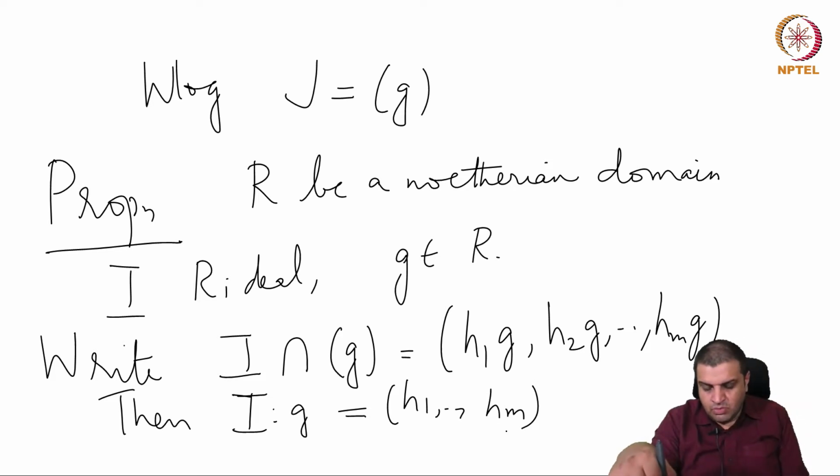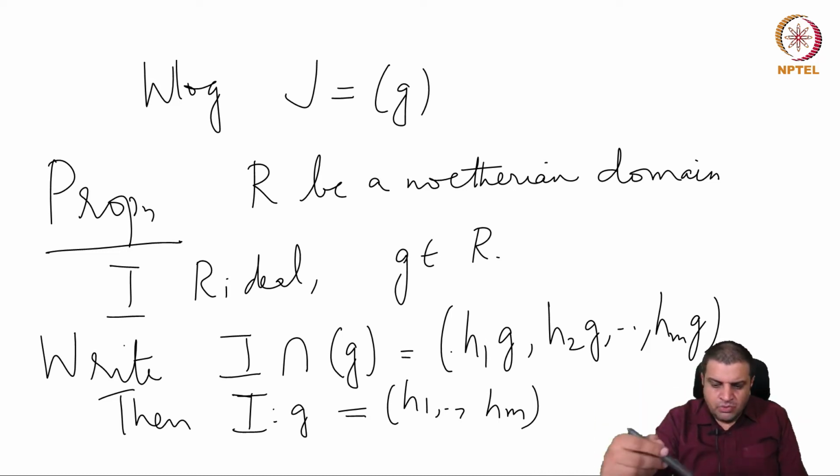Let me read this once more. We have an ideal I and an element G, and we want to know what I colon G is. To compute I colon G, we first express I intersect G, which is finitely generated, and every element in a generating set will be a multiple of G because it's a subset of the ideal generated by G. Then the colon is just the ideal generated by H1 through Hm.